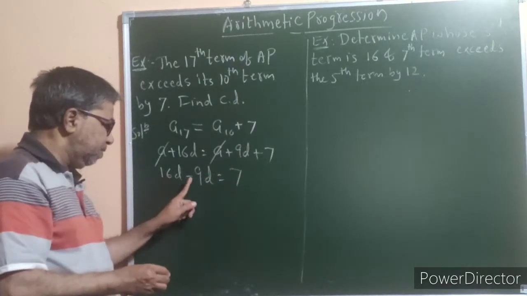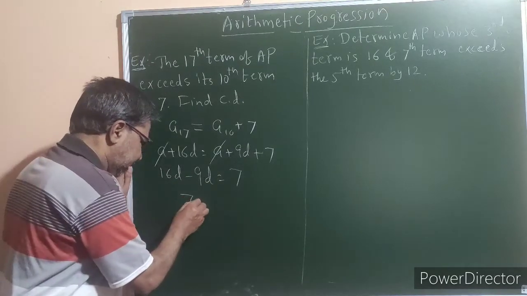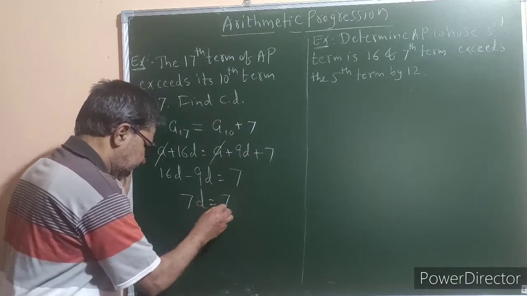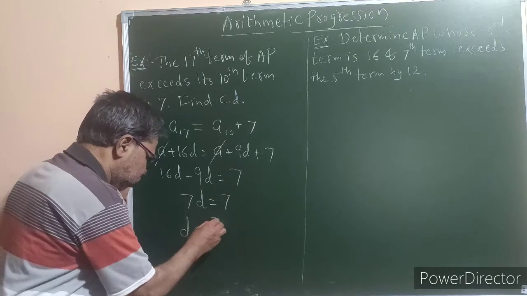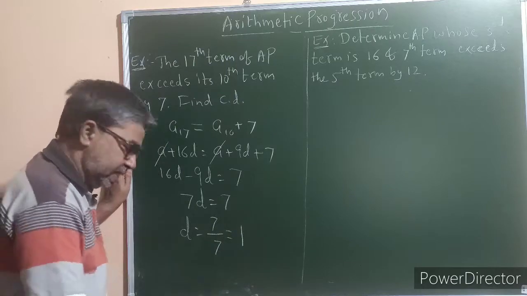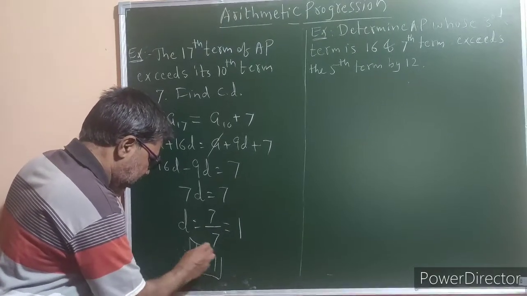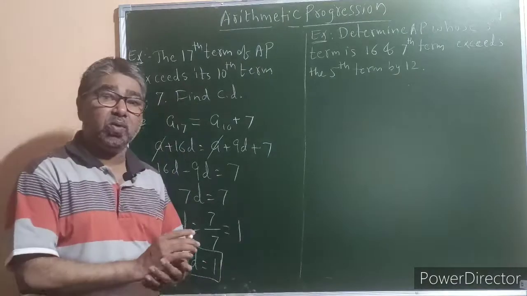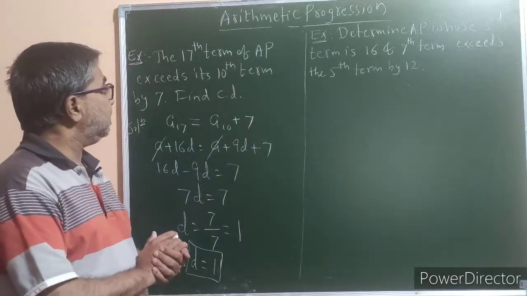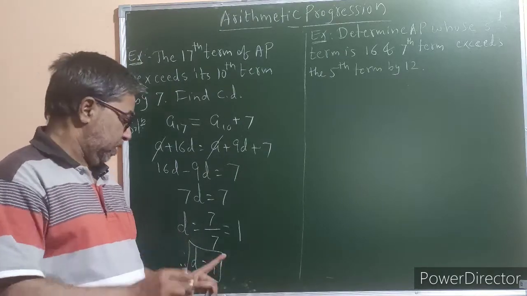So 16d minus 9d, if you subtract 9 from 16, you get 7d is equal to 7. So d is equal to 7 upon 7. After cancellation, the value of d is 1. Hence, the common difference of this arithmetic progression, whose 17th term exceeds its 10th term by 7, is 1.